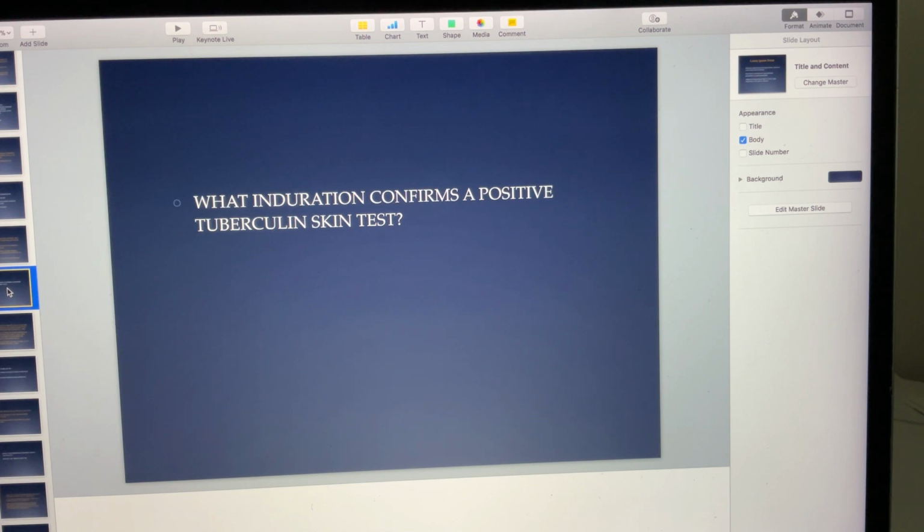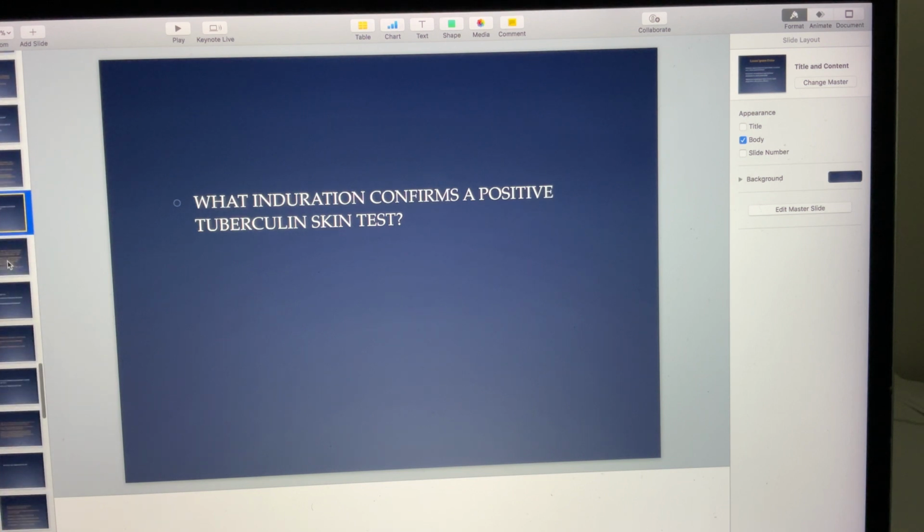Next question, what induration confirms a positive tuberculin skin test? This is a very important question.